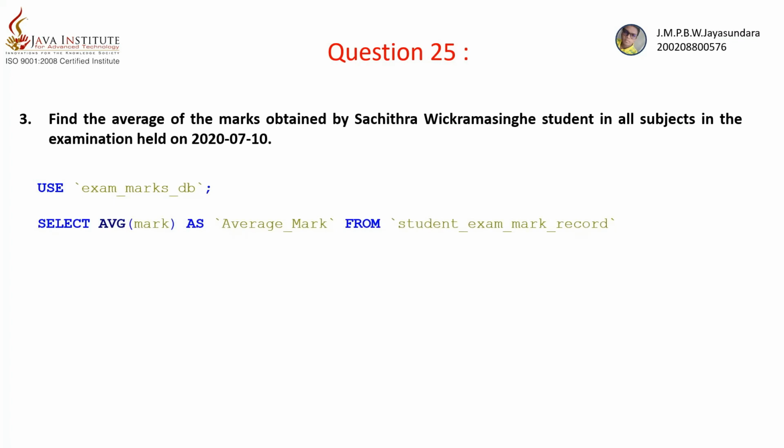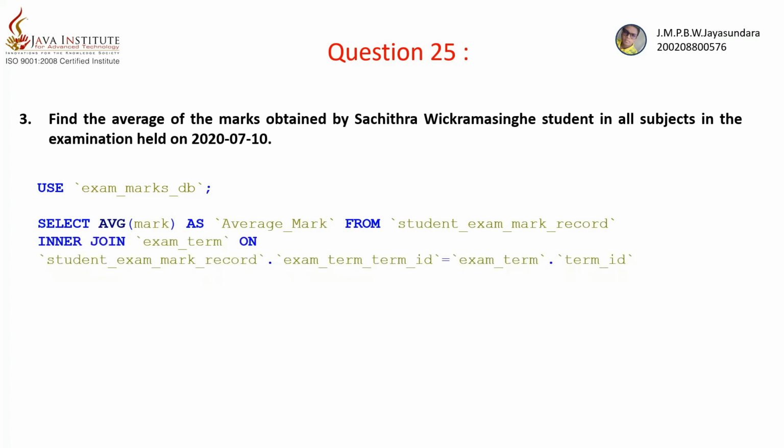In here we have said select average from marks column as the average marks from student exam mark record table, and then we have joined exam term table in order to take the terms, and we have joined this using student exam mark record table's exam term ID column, and exam term table's term ID column.